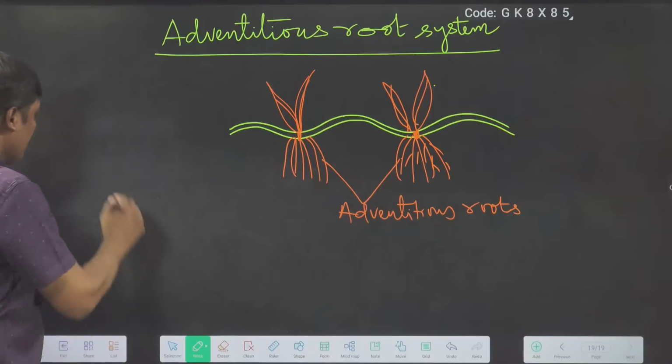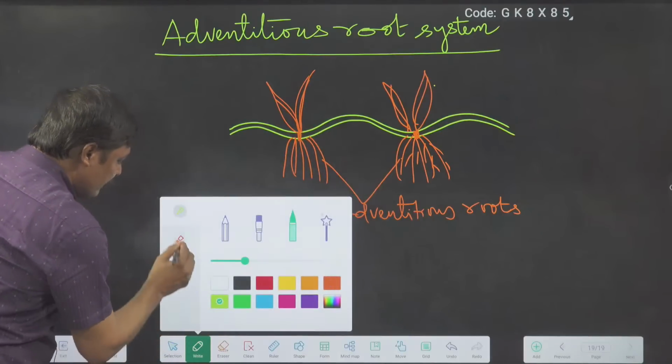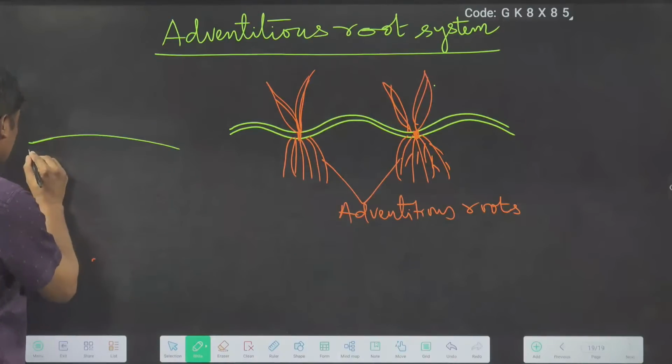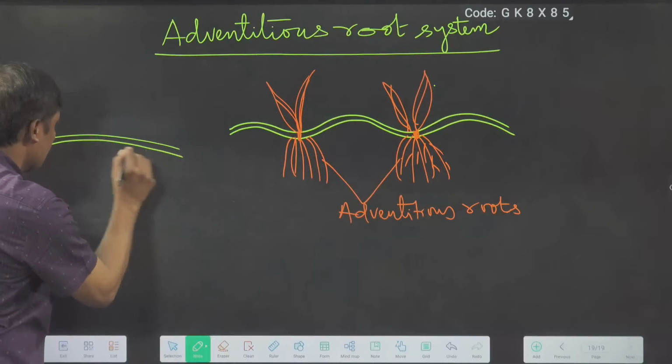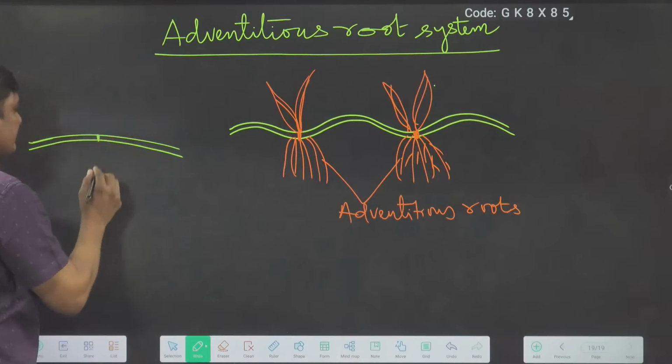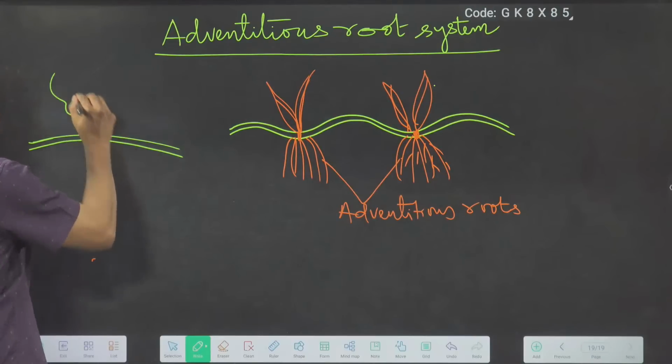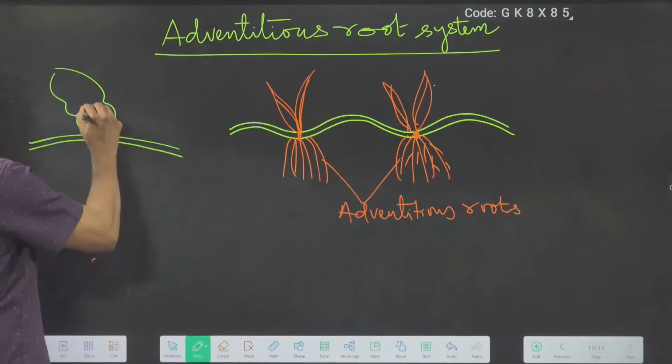Sometimes, there is a stem here. For example, look at this. Here there is a node. On the upper side of this one, there is a leaf like that.